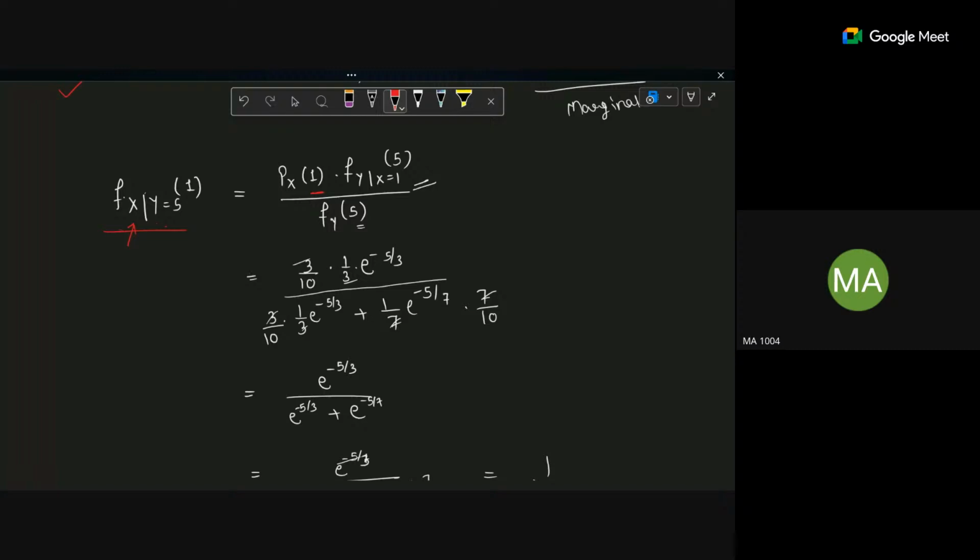So once you add f of x given y is equal to 5 at 1 and f of x given y is equal to 5 at 0, this sum should be 1, right? So from here also you can get to know that these are the random variables.